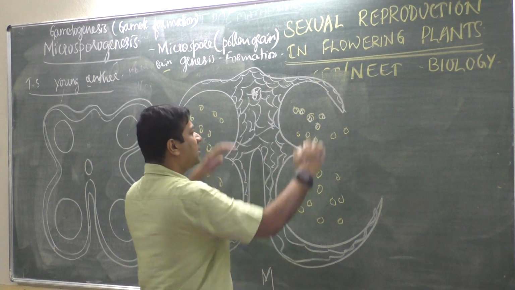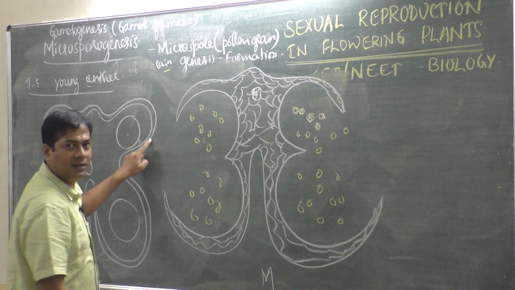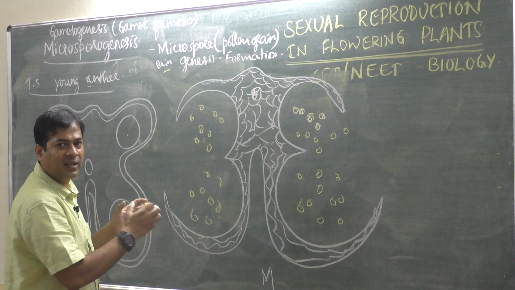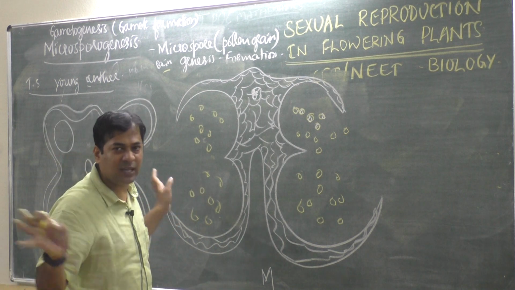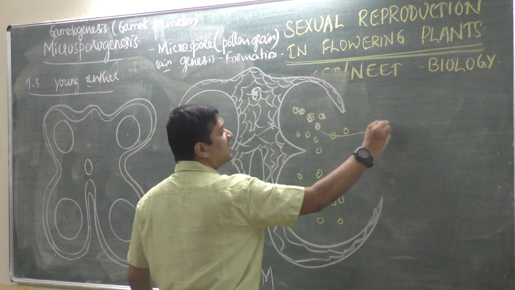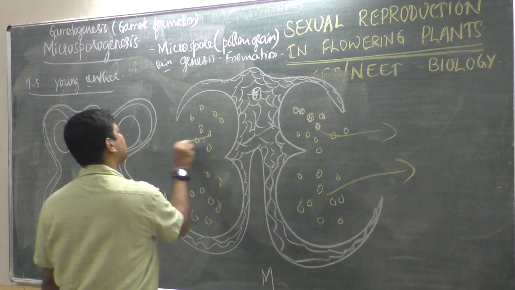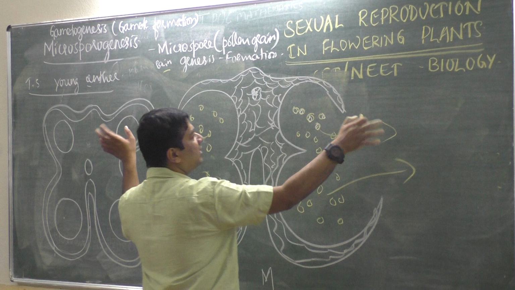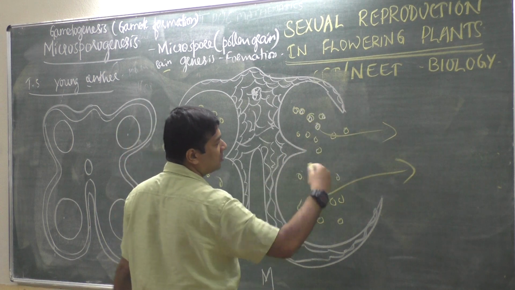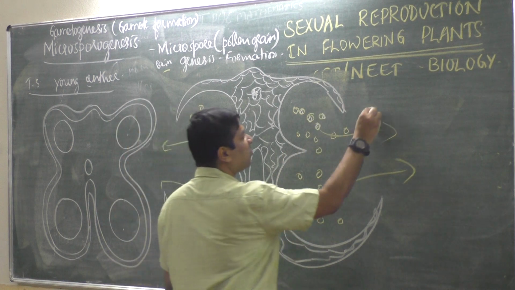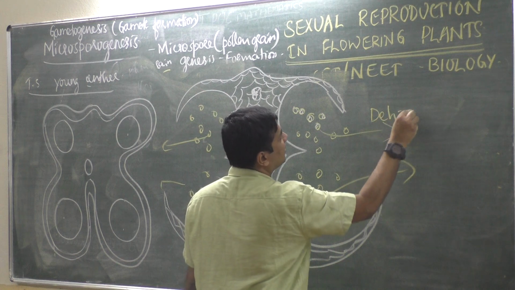Dehisced means the outer wall that was here becomes dry and breaks open, and all the pollen grains are released out. You can see that it is already open. It has no wall, so all the pollen grains can go out. That process is called dehiscence of the anther.